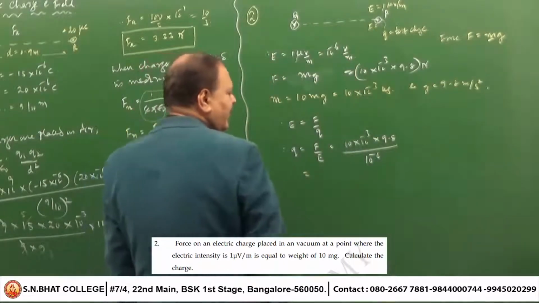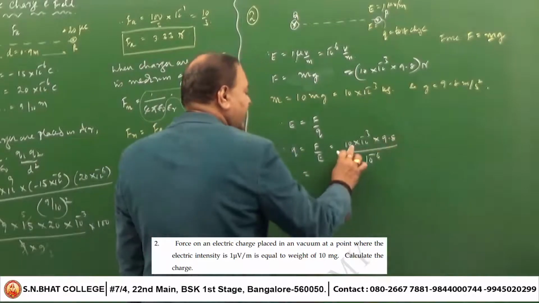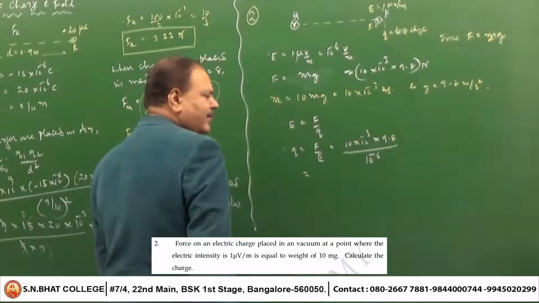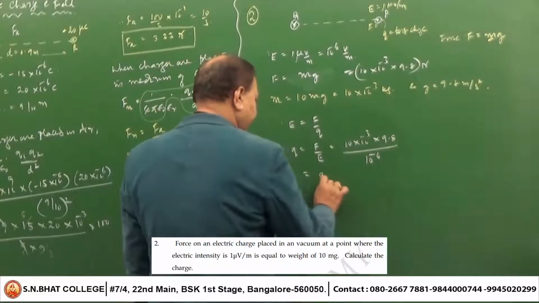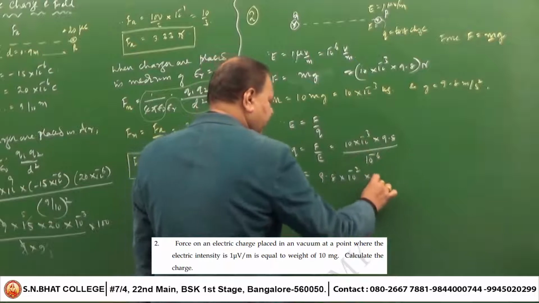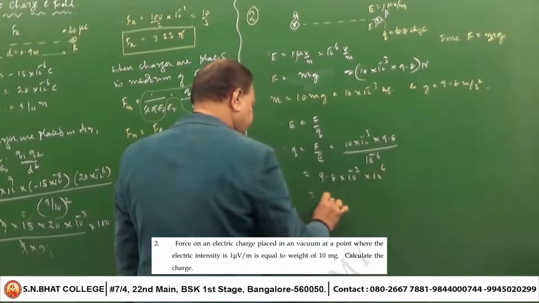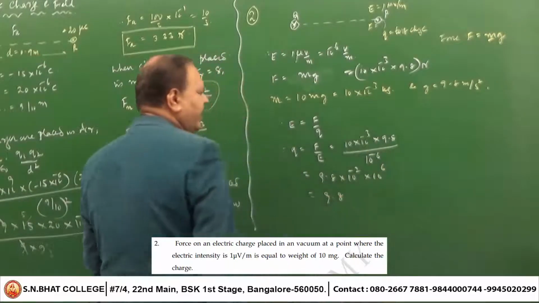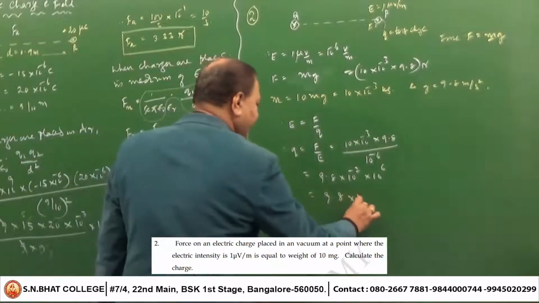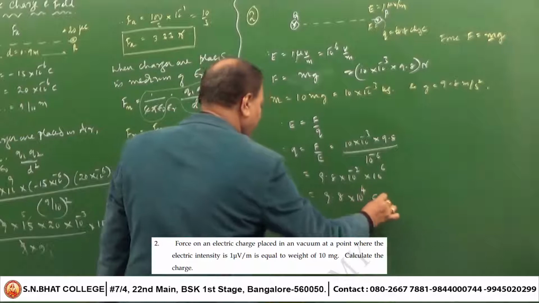Remember this. If you bring it to the numerator, it is 10 to the power of plus 6. Now this is 9.8, 10 to the power of minus 2, 10 to the power of plus 6. That comes out to be 9.8 into 10 to the power of 4 Coulomb.